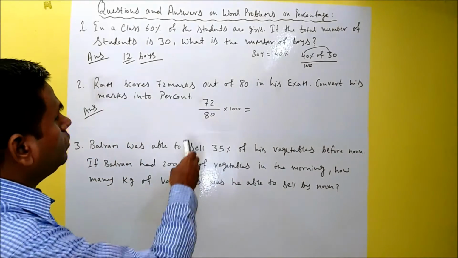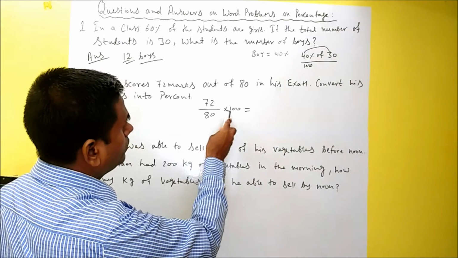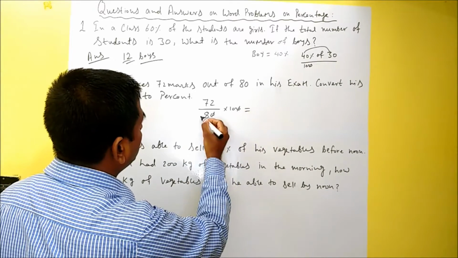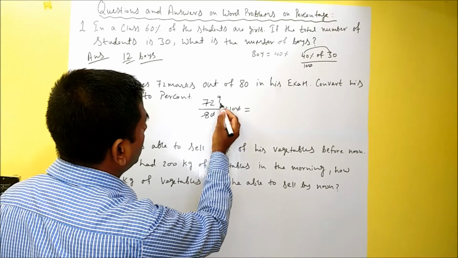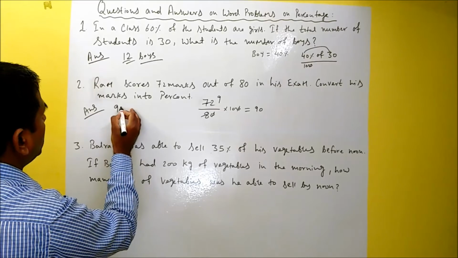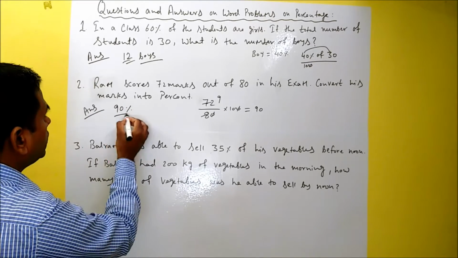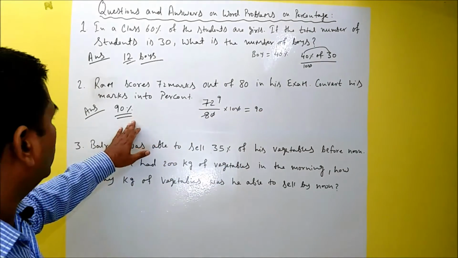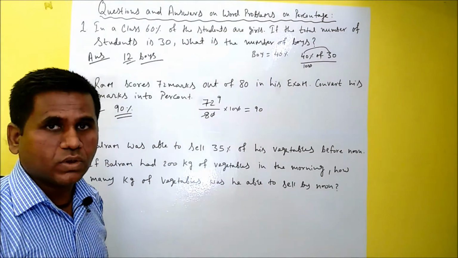So marks obtained over total marks, multiplied by 100. We can cancel this 0. 8 9s are 72 and 9 into 10 is 90. So Ram has secured 90% of marks in his exam. Okay, so the second problem is also solved.